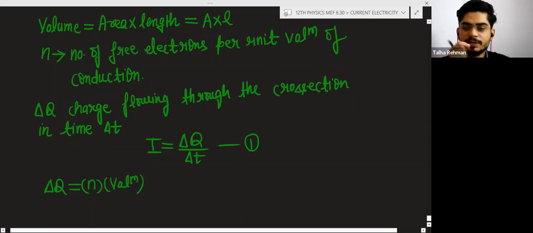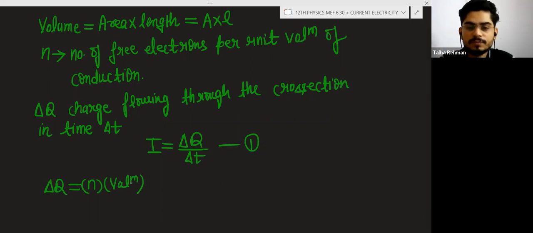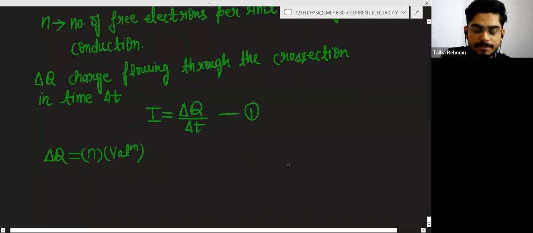From the unitary method you can calculate this. In unit volume, if there are n number of electrons, then in whole volume there are n into volume of electrons. Got my point?